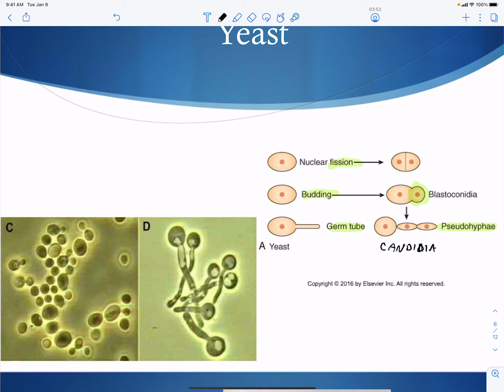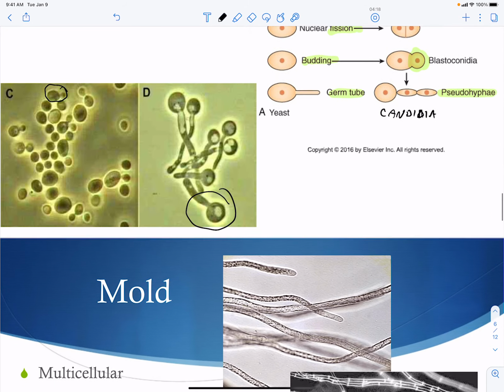So inside of our body, Candida is always going to be a yeast, whether it's in the environment or inside of our bodies. However, inside of our bodies, it can form these pseudohyphae, so it can look like it has long chains attached to it. And this is just some examples of our budding yeast, different mechanisms of budding. And so this is how our single cellular yeast will divide.